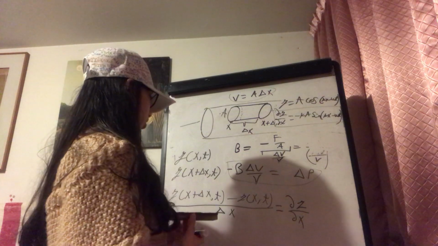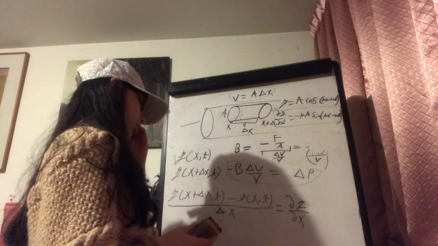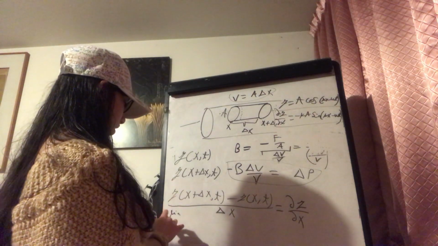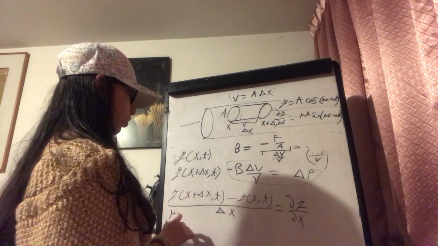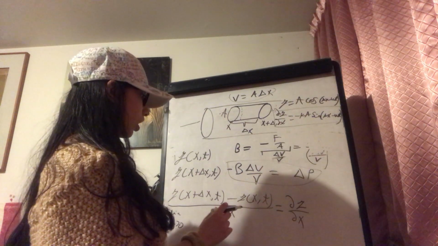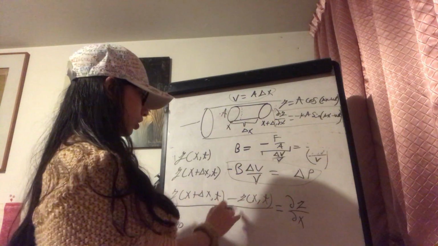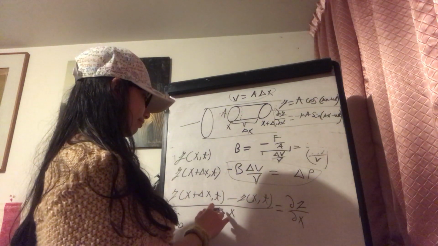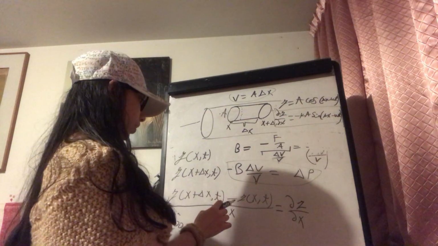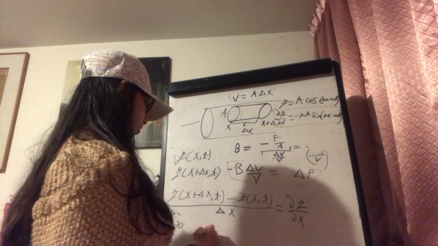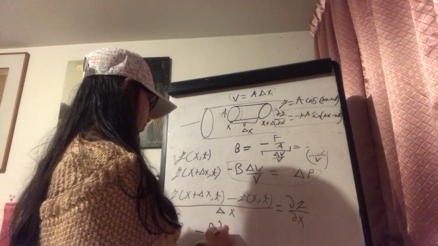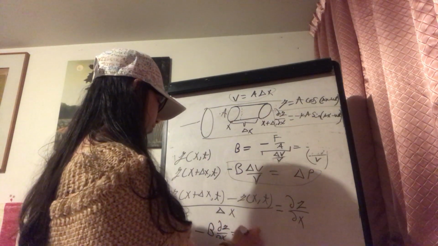Alright, taking the limit as delta x approaches 0, this is the change in volume divided by V. So I have that minus B times dy over dx is equal to the change in pressure.